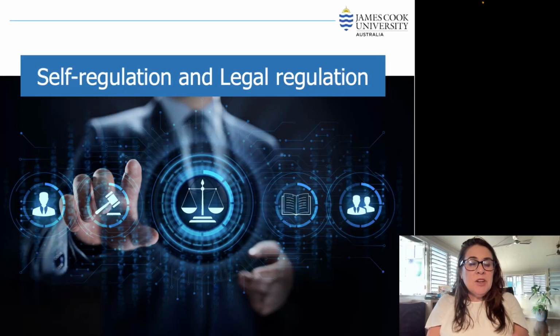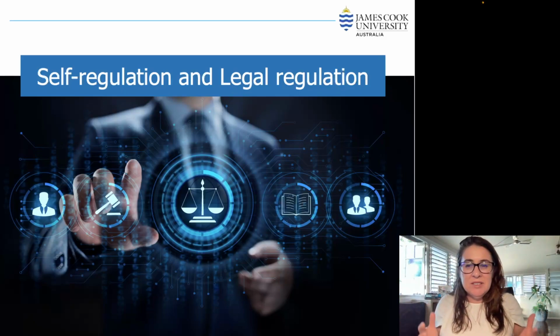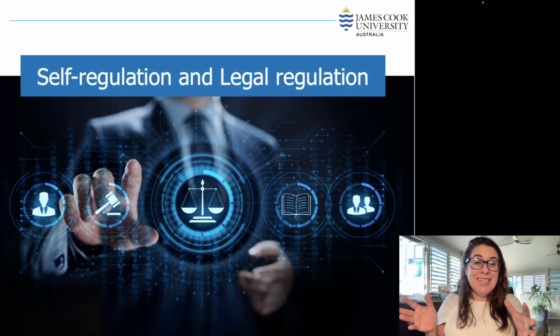So as we've just spoken about, some of the advantages of self-regulation include that the establishment and implementation is usually less expensive, and the guidelines are a little bit more realistic and operational. In addition, effective self-regulatory programs reduce the need to expand into that government bureaucracy. However, there are also a couple of limitations.